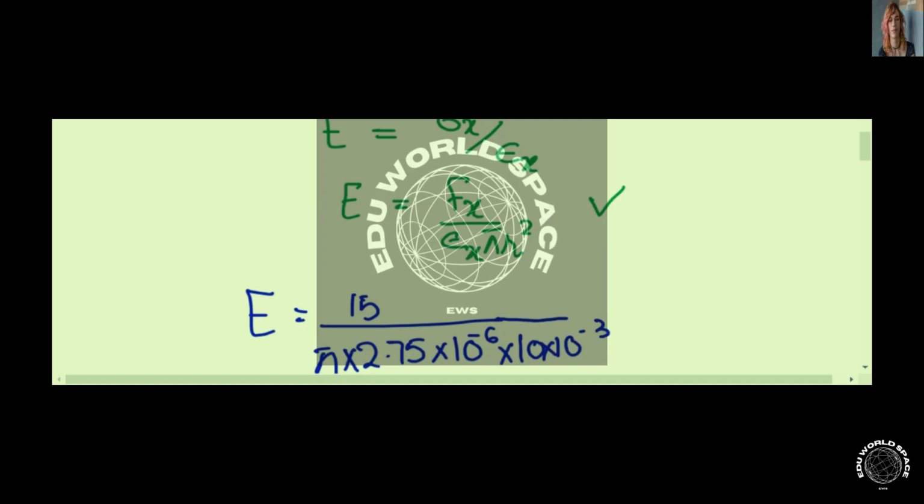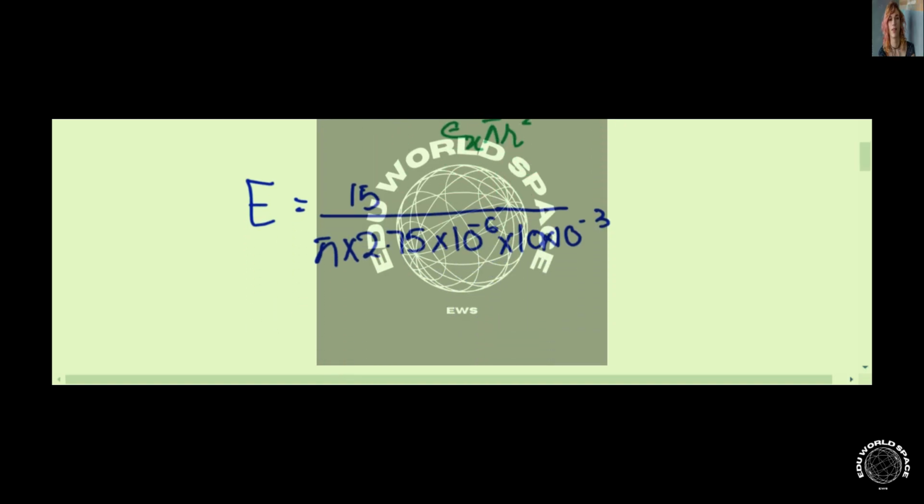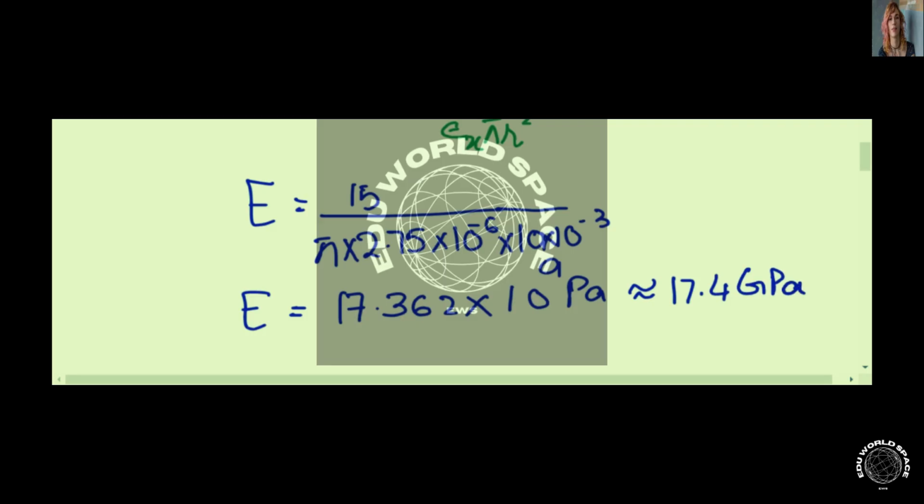It was in millimeters, so we converted it. When you calculate it, you will get 17.362 into 10 raised to power 9 pascals, and that is approximately equal to 17.4 gigapascals.